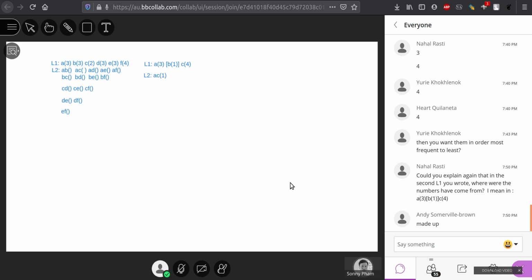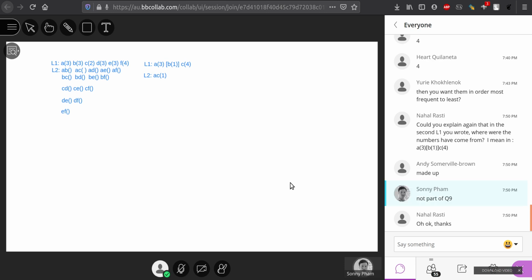It's not part of question 9. It's just meant to show the candidate item sets and the frequent item sets in each level-wise part of the a priori algorithm. This is how you should write in the test.